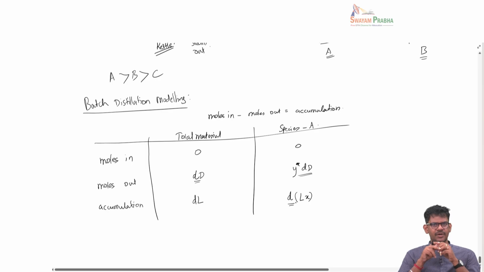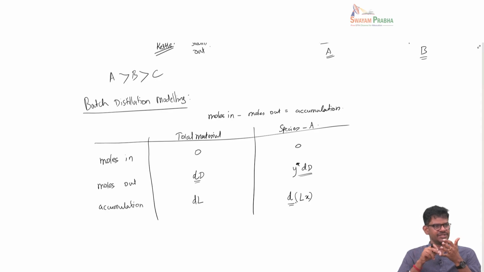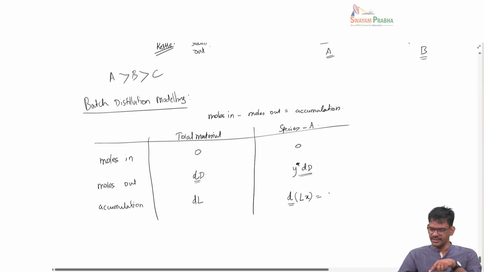Why we do this is because the total moles in the liquid are changing as some moles of vapor are gone, and I also said the composition will change in the liquid. That's why I write d of Lx. If you want, you can expand this as L dx plus x dL. This is the accumulation term for species A.